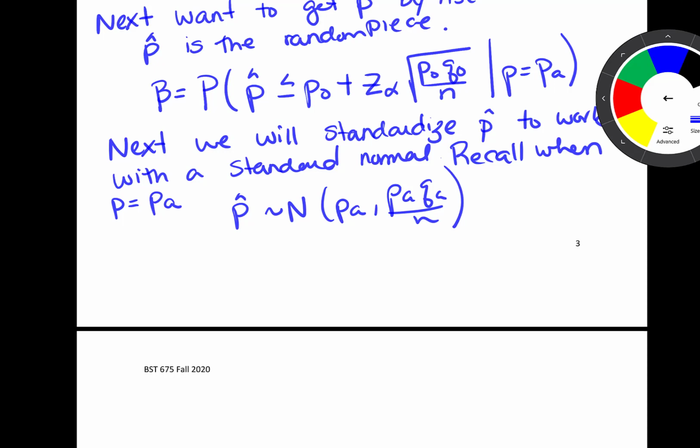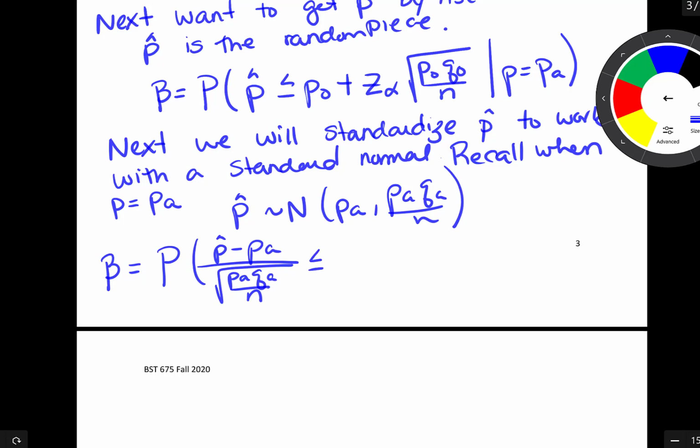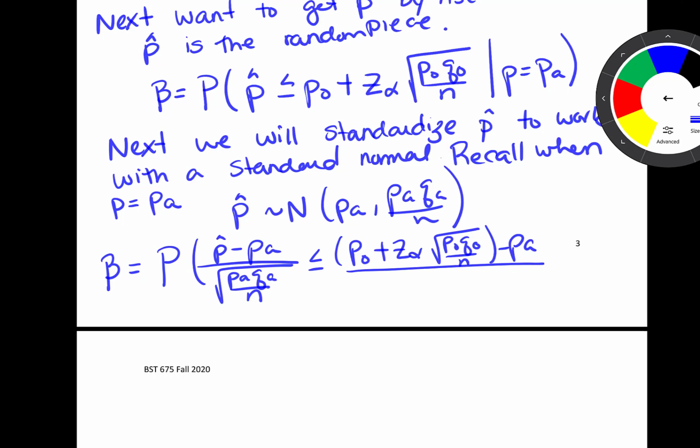Alright, so then that gives us that beta is equal to the probability that P hat minus PA divided by the square root of PA QA divided by N is less than or equal to P naught plus Z alpha times the square root of P naught Q naught divided by N, minus PA, divided by the square root of PA QA divided by N. And again, this is all given that P is equal to PA.